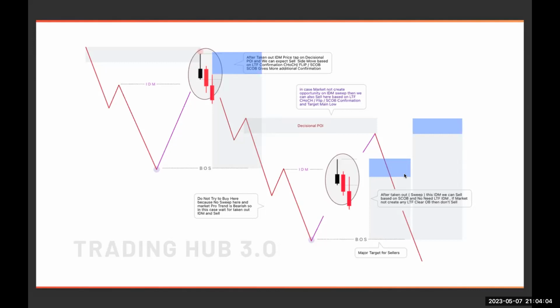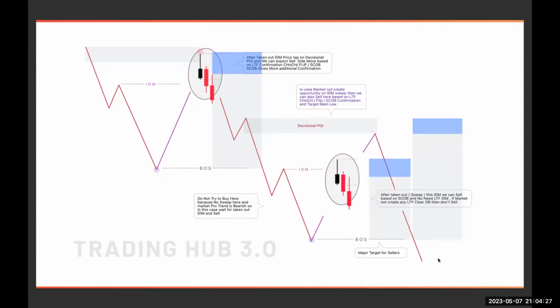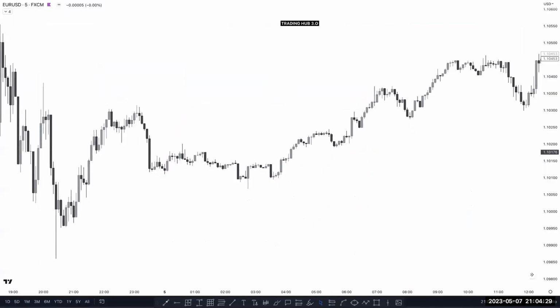Sir, when price sweeps the high in a bearish market, sweeps the inducement, in that case, you can buy or sell based on single candle order block. In that case, you don't need lower time frame confirmation like chalk and flip. Okay, now switch to the next one.